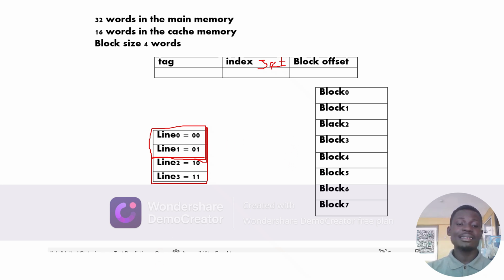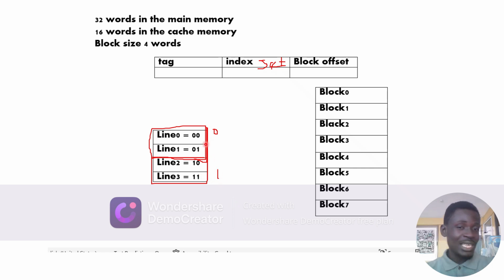This set will be 0 and this set will be 1. So how are we going to know whether this block is mapped to this set or to this set?